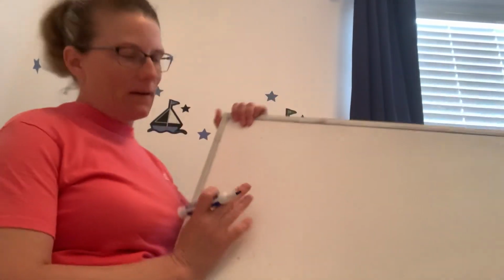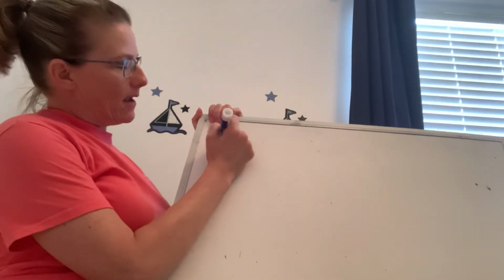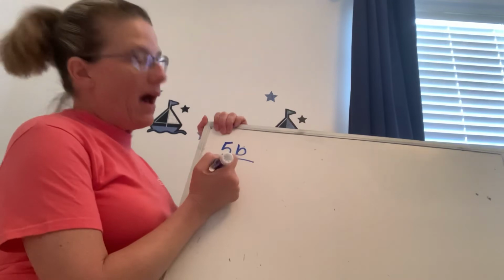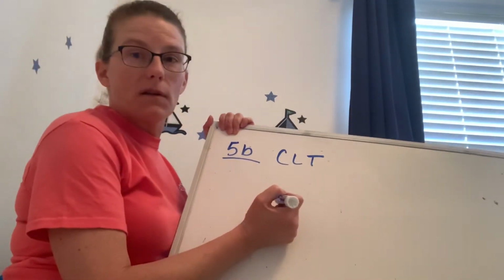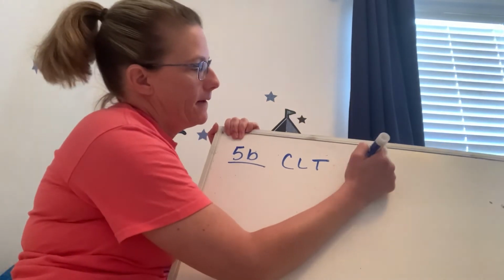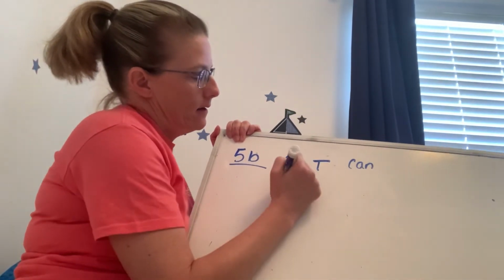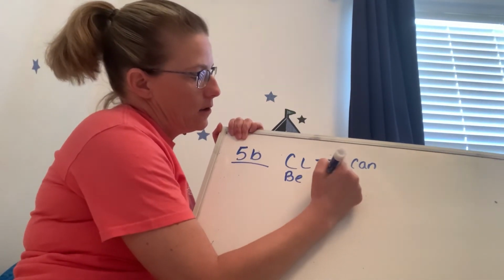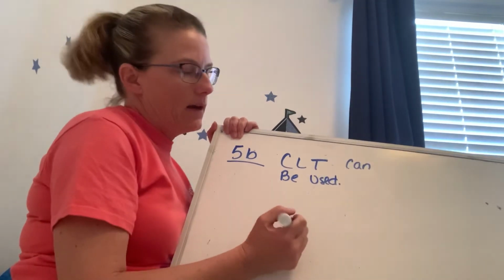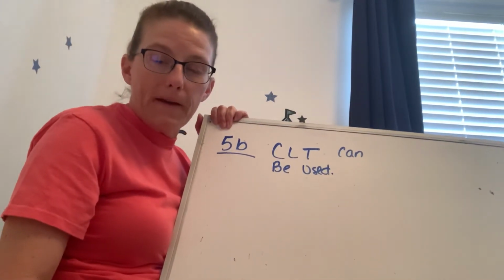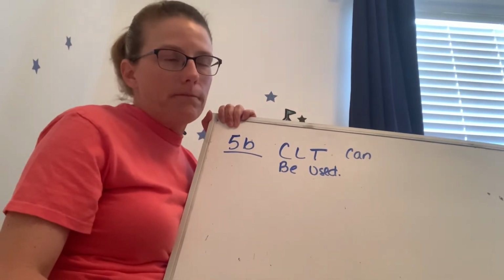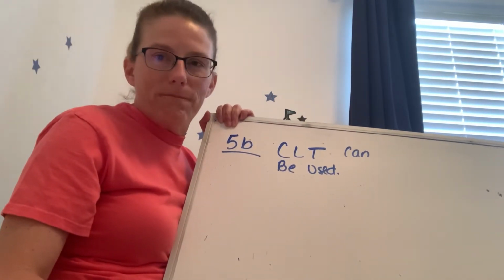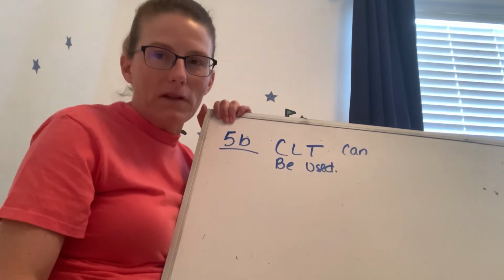So, when I think about 5B, I know that I can use central limit theorem. I abbreviate central limit theorem with CLT. It can be used, again, because if you look back in the beginning of the problem, they tell us the normal population of females and their pulse rates is normally distributed.